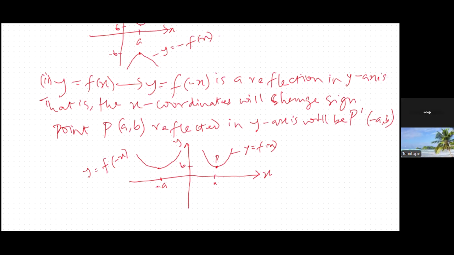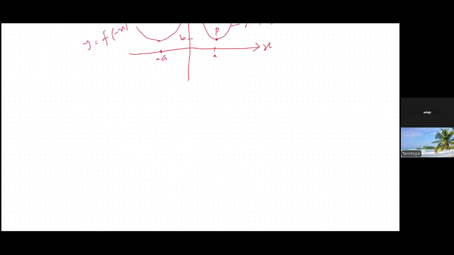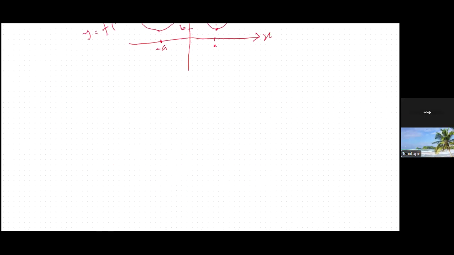So let's see an example proper. Example.